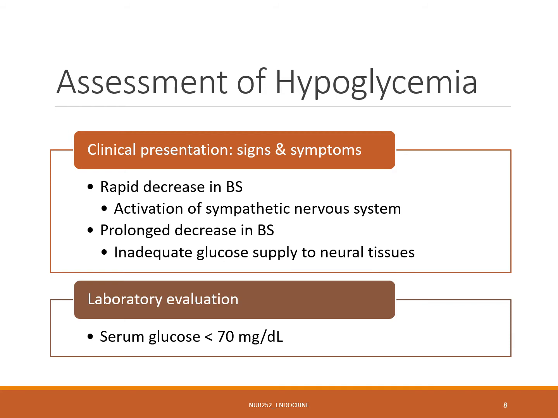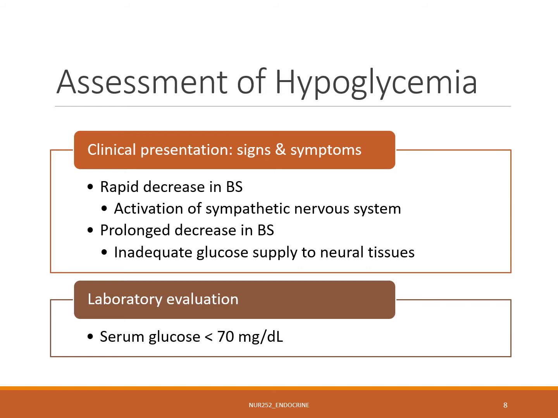Remember, the sympathetic nervous system inhibits insulin secretion. It is mediated by epinephrine release from the adrenal medulla. The compensatory fight or flight mechanism results in symptoms such as tachycardia, palpitations, tremors, cool, clammy skin, diaphoresis, hunger, pallor, and dilated pupils.